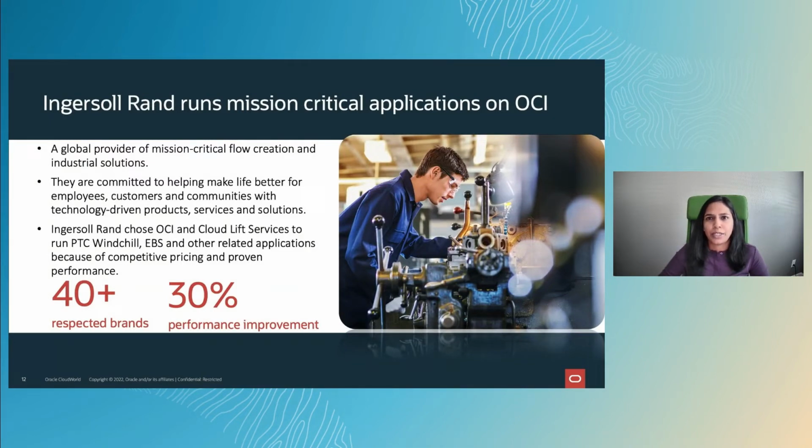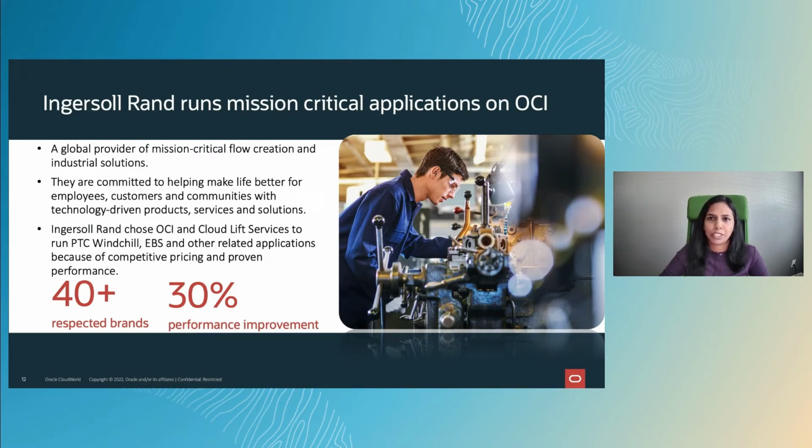In early 2020, Gardner Denver merged with Ingersoll Industrial to become the world's largest provider of flow control and industrial solutions, with over 40 brands. Their mission is to make the lives of employees, customers, and communities better through technology that is easily accessible and also services that can meet their mission.